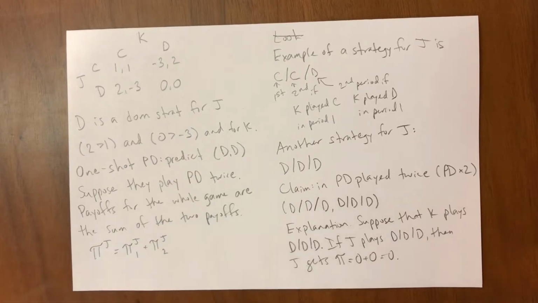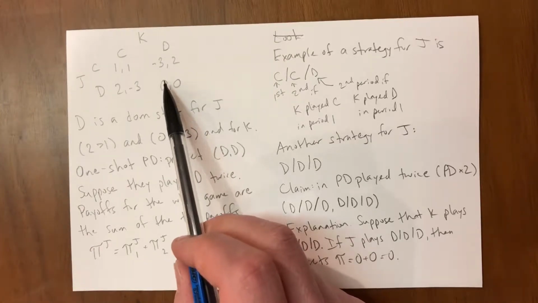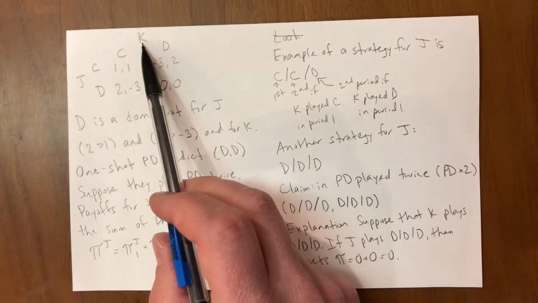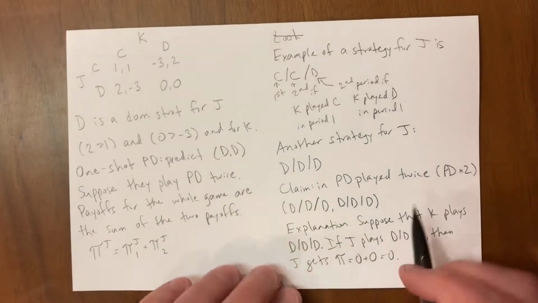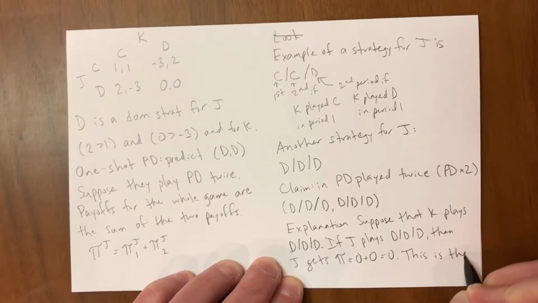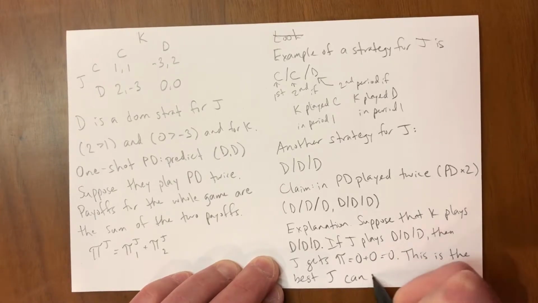No matter what J does, it's not possible for J to get a score that is higher than 0, just because K is always playing defect. So this is the best J can do.